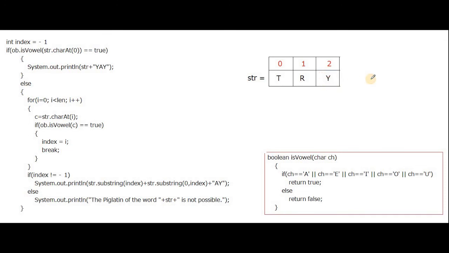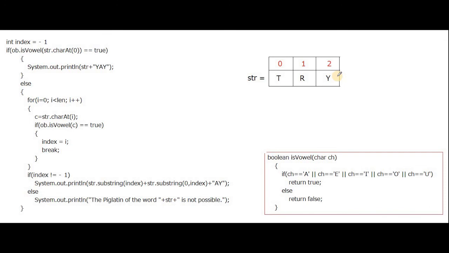So if there is no vowel present, then there is no possibility of replacing the value of index with some other index, because at the beginning I told you index will store the index position of the first vowel, but in the string "try" not a single vowel is present. So index does not change and remains -1.